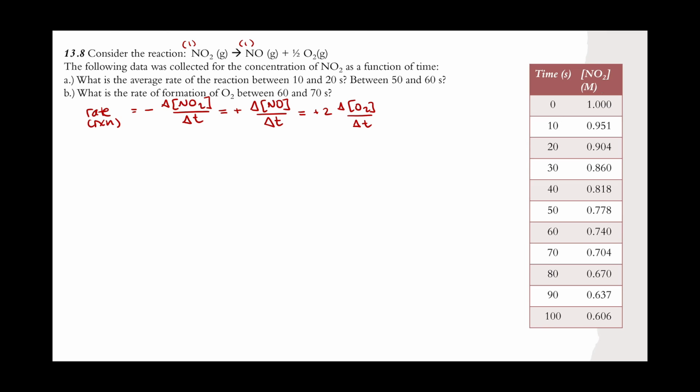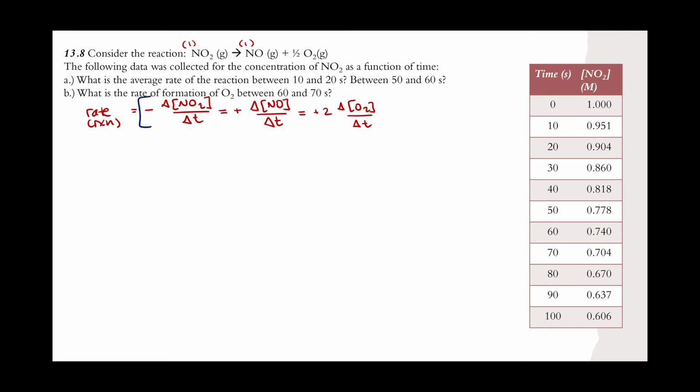But we can figure out the average rate of how fast nitrogen dioxide is being consumed for the time 60 to 70 seconds, and then we can convert that to oxygen. And we have the pieces that we need.